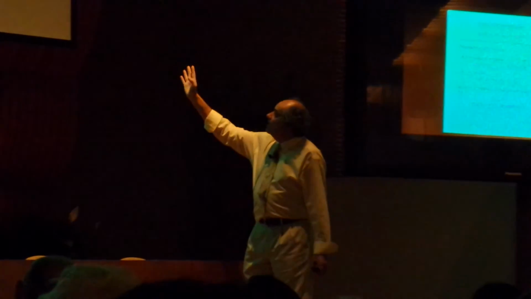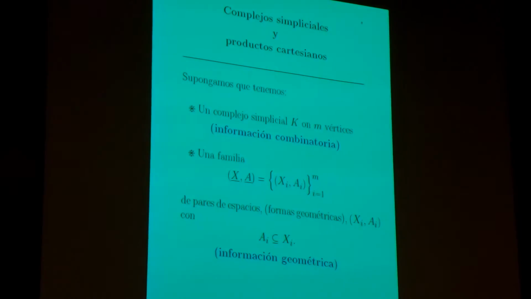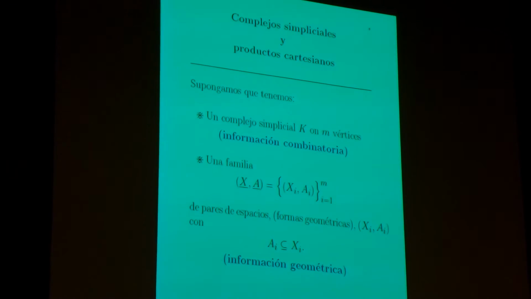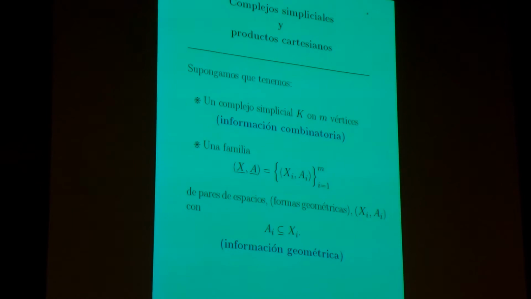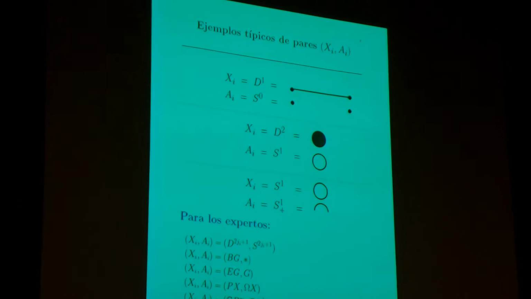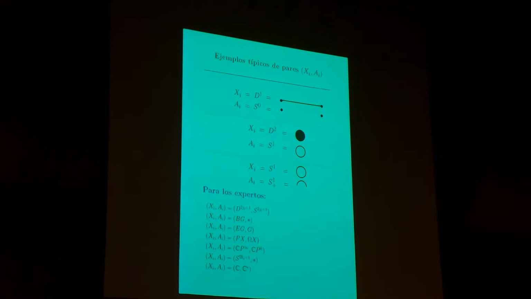A family of geometric pairs: Xi is a geometric object, and Ai is a geometric object inside Xi. So I will give some examples that are very important in our work.